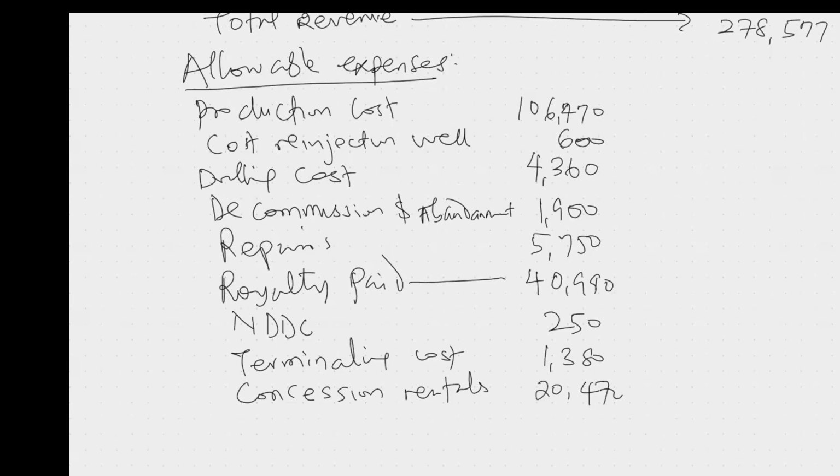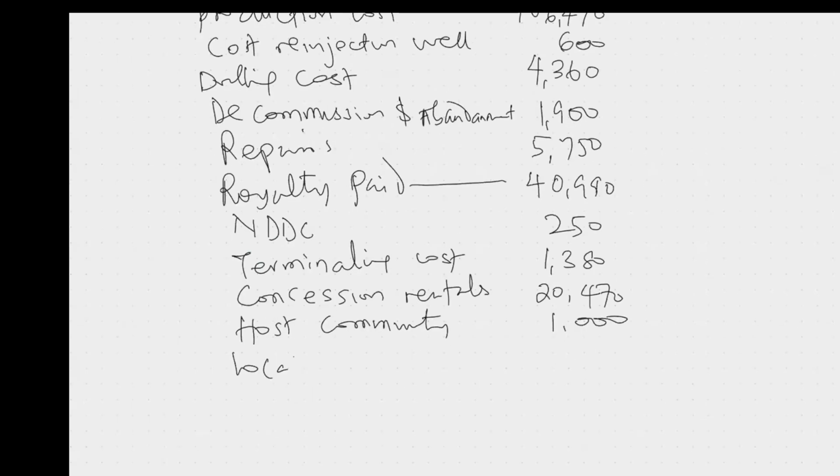Host community fund. You can see that once you know what you are doing, this thing will not take you time under examination. Examination condition, 1 million. Local governments levy: how much? 100.